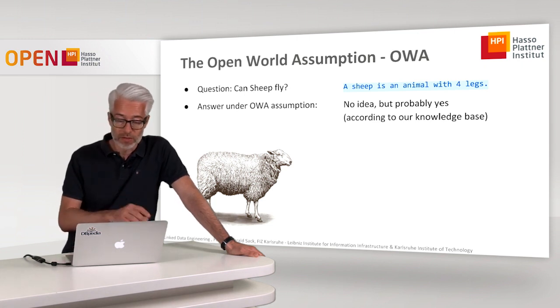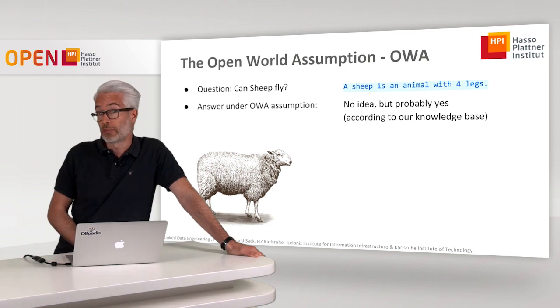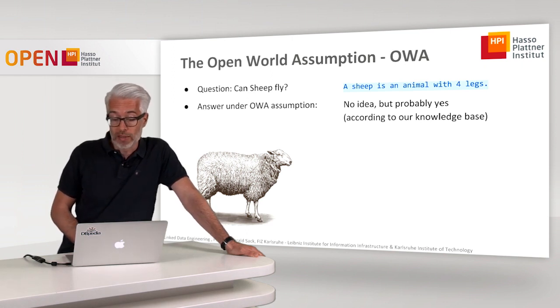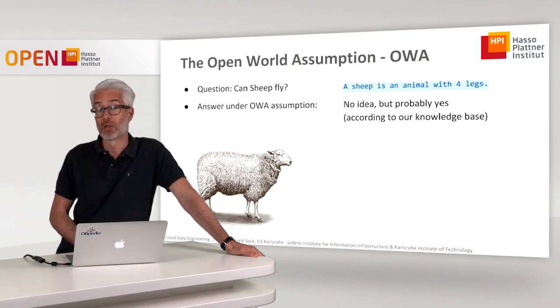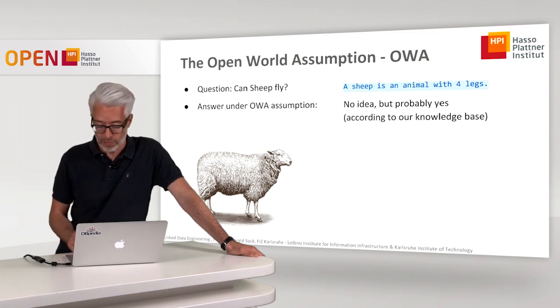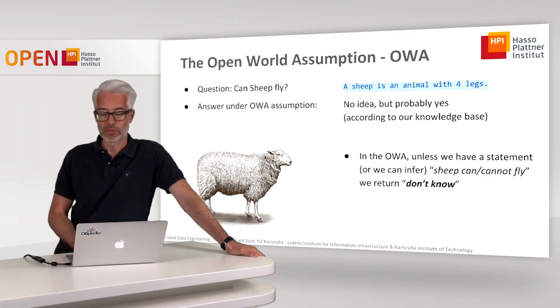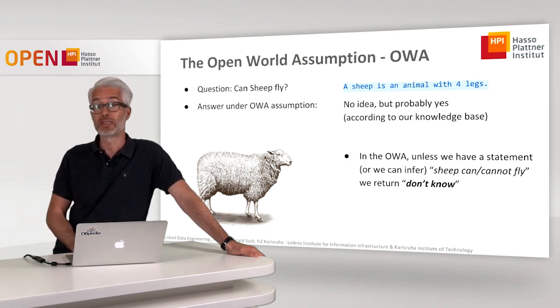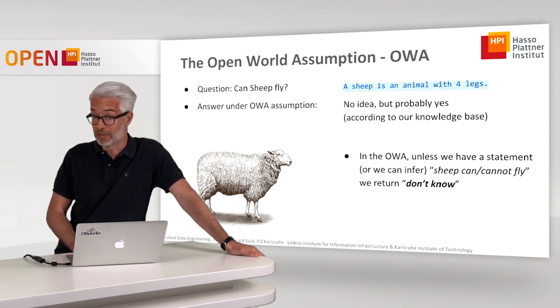In an open world, you have no idea, but probably, of course, sheep could fly, according to our knowledge base, because there is no contradictory statement. Under the open world assumption, unless we have the statement or we can infer the statement that sheep can or cannot fly, we have to return the answer, we don't know, possibly yes.